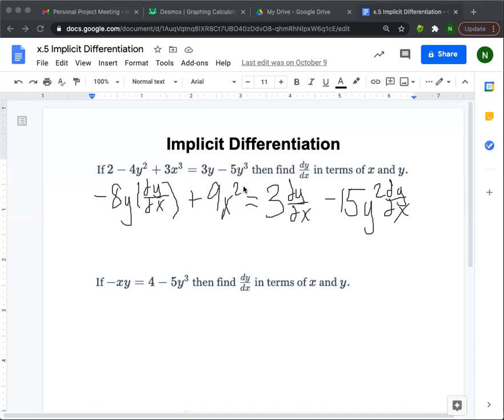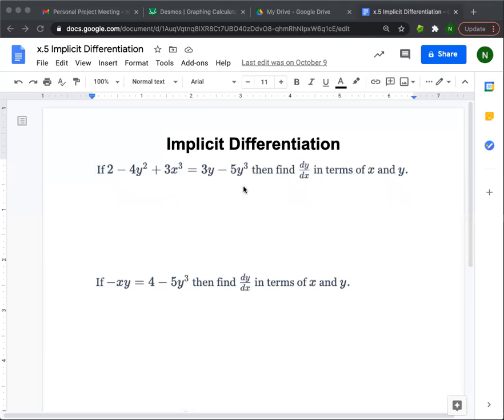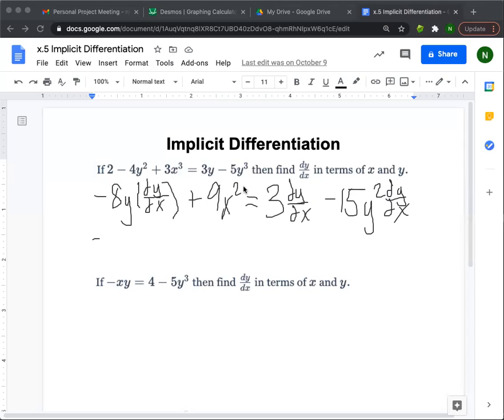So I'm just going to move the negative 8y to the other side because it's a little bit easier. So I will be left with 9x squared is equal to 3 dy/dx minus 15y squared dy/dx plus 8y dy/dx.